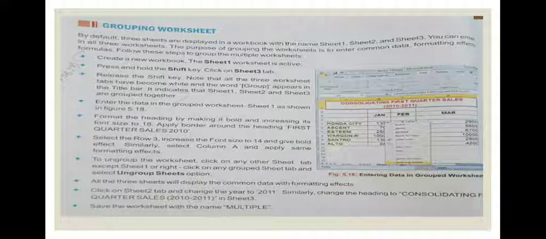Then click on Sheet 2 tab and change the year to 2011. Similarly, change the heading to Consolidation Quarter Cars 2010-2011 in Sheet 3 tab. After that, save the worksheet with the name Multiple. So this way you can group the worksheet.